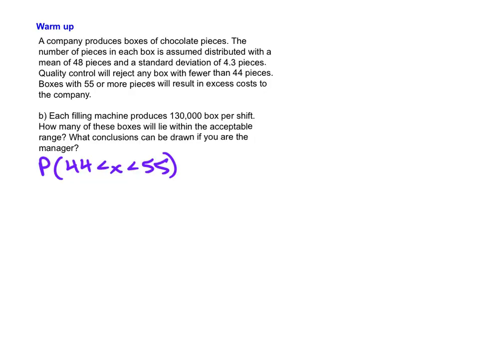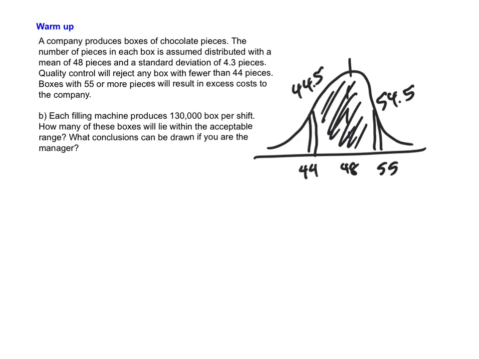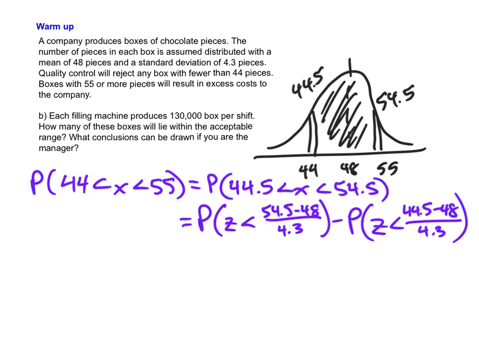So in order to figure this out, we need to look at the probability of it falling between 44 and 55. And because this is a binomial approximation, we are going to look at the distance between 44.5 and 54.5 because we have to be just inside of those lines to get the area under the curve that we want. So now we can get the z values for those probabilities.